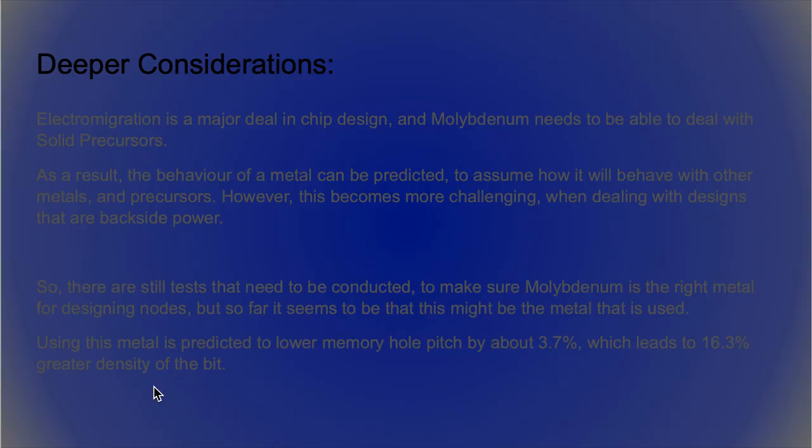The memory hole pitch is lowered by roughly 3.7%, if not more. A lot of times it's more than 3.7%. And there's a 16.3% greater bit density. These are all positive results so far. So molybdenum might be the perfect element to use, perhaps.